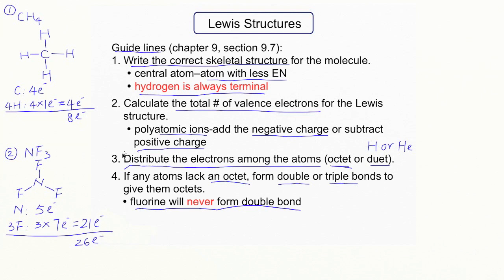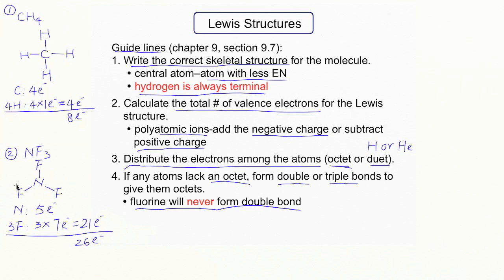Now, step 3, we need to distribute the electrons among the atoms. And remember the octet and duet rule. We don't have hydrogen or helium in this molecule, so we are just going to follow the octet rule. 26. Let's make sure fluorine is happy first, because fluorine has a high electronegativity and likes electrons.